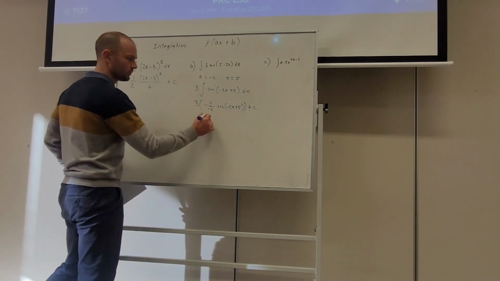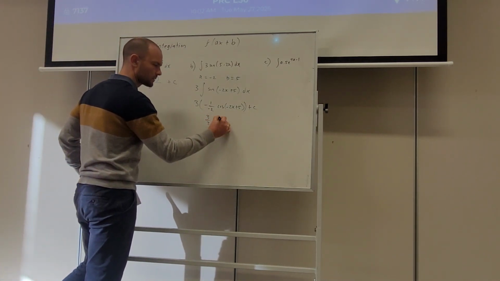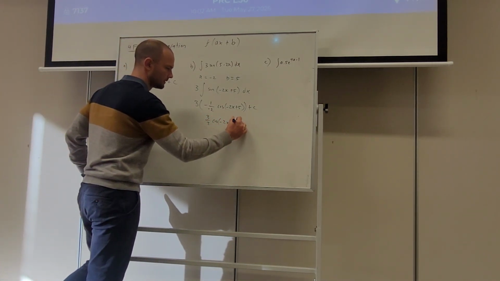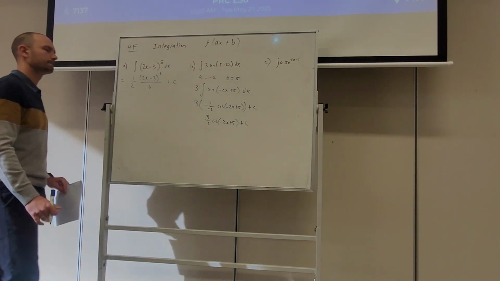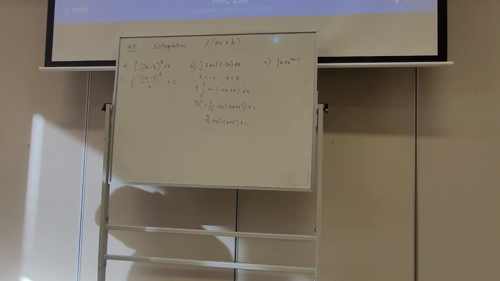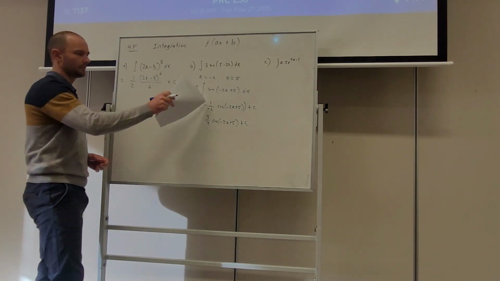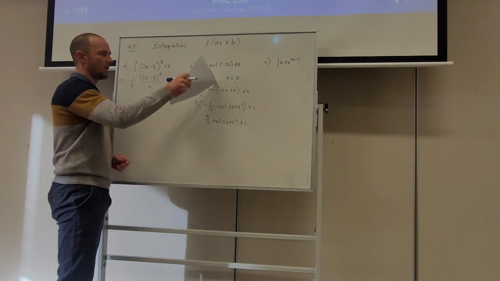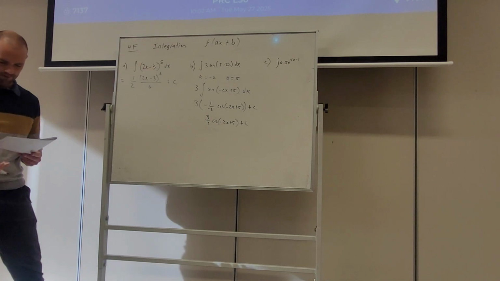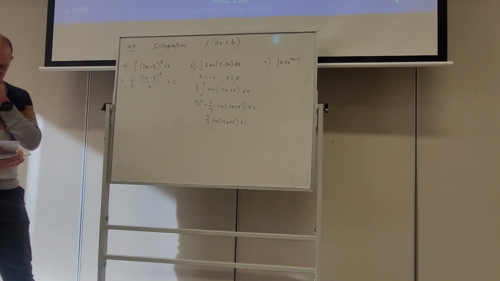So that would go to positive 3 on 2, cos of minus 2x plus 5 plus c. It's negative 1 on top of a, but the a value is minus 2, so we've introduced 2 negatives there, which can change to a positive.